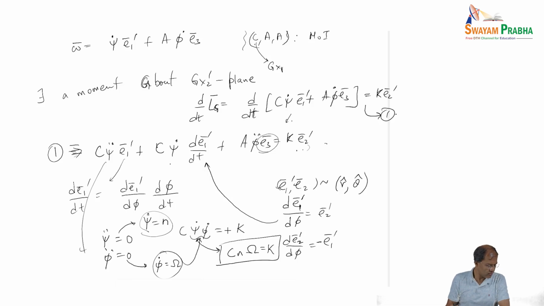So the gyroscope has a constant spin, so n is the spin, and it rotates about the E3 axis with constant angular velocity omega, right?